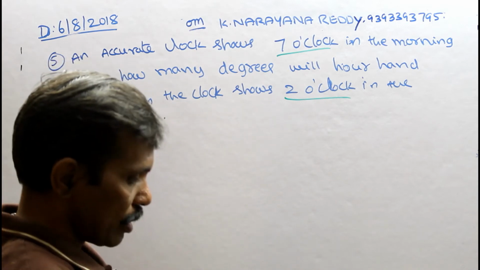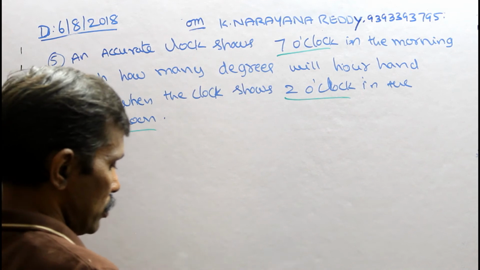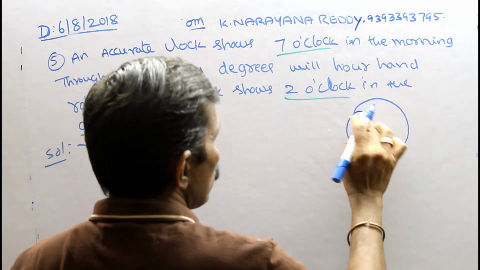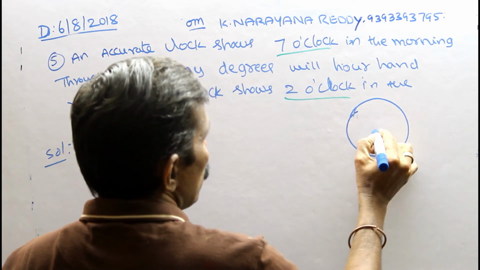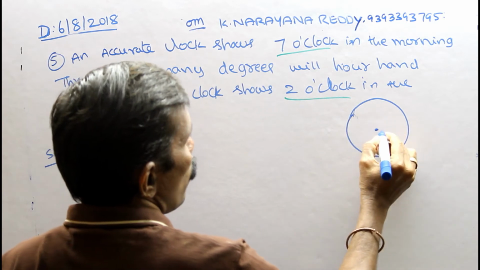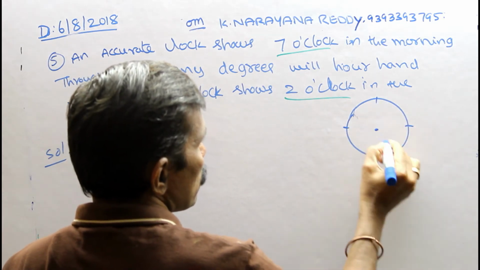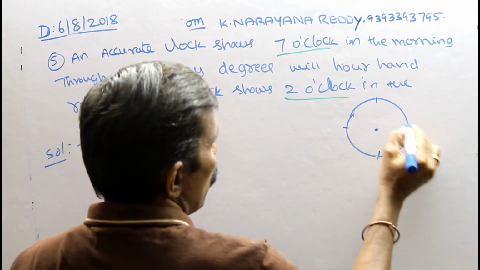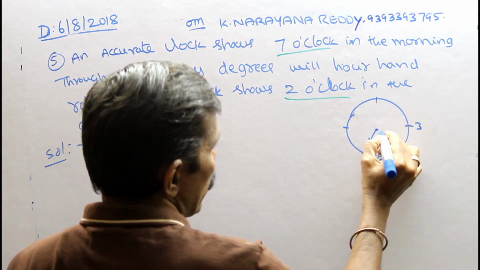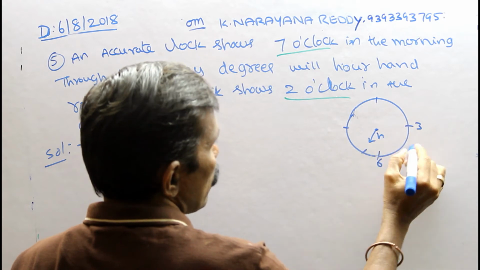So see here, simple. Morning 7 o'clock means what? 3, 6, 7. So this is morning 7 o'clock. This one, the hour hand in the morning.